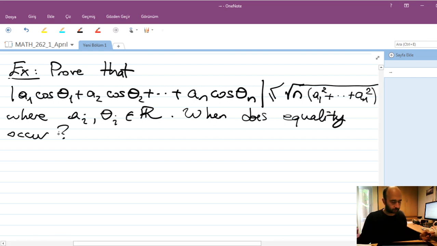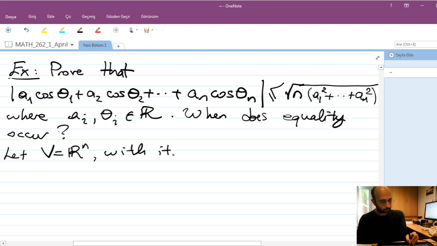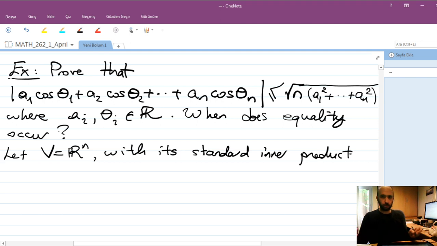There's no vector space around, or there's no inner product, but we can make it up. So let's set V to be R^n with its usual inner product, the standard inner product. And let us set up two vectors.